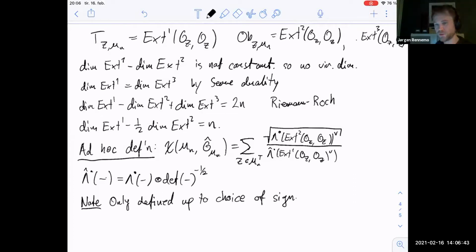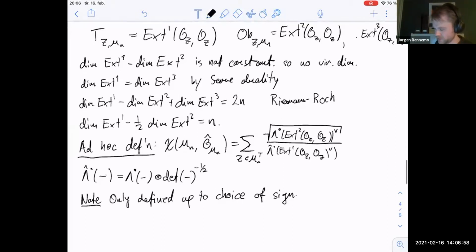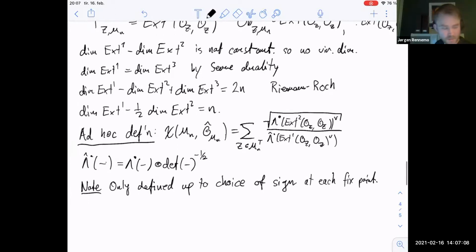So in order for this to be an actual definition, I need to tell you which square root you take, and there are always going to be two choices. So it's defined up to a choice of sign at each fixed point.